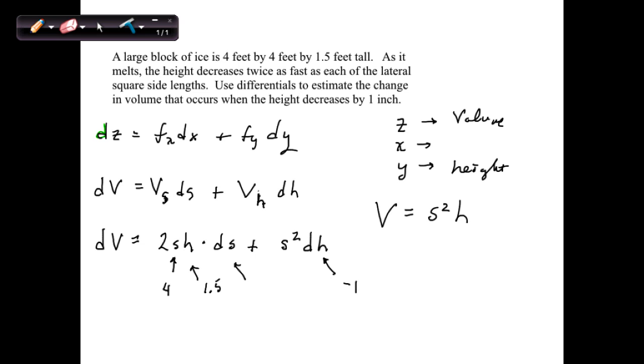This is -1/2 then? But we need feet, right? We need feet. Home free. Now we can get, so that will calculate what? The change in volume based on those changes in side length and height and the current side length and height.